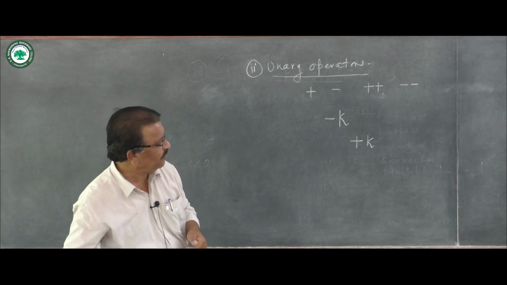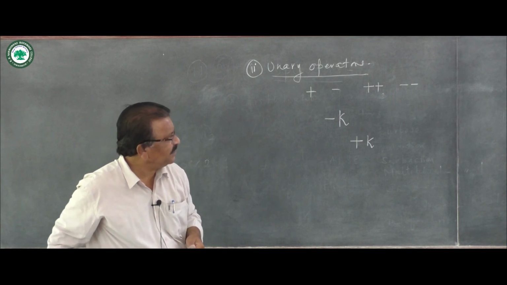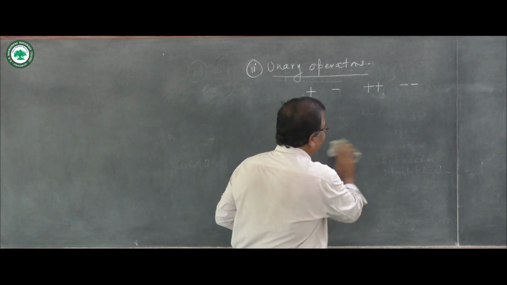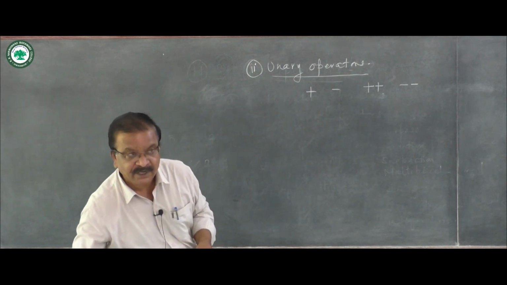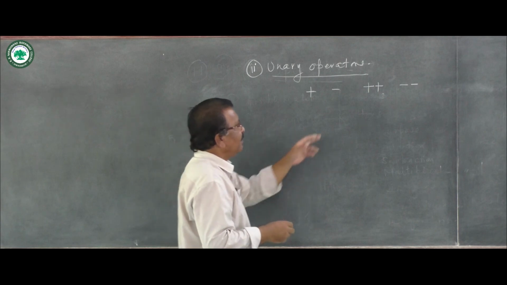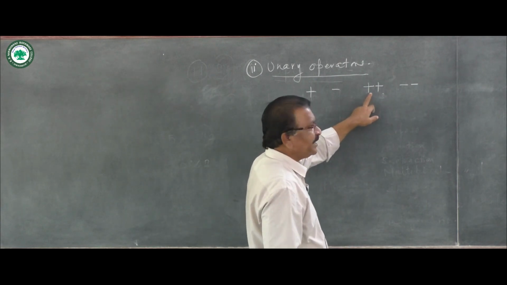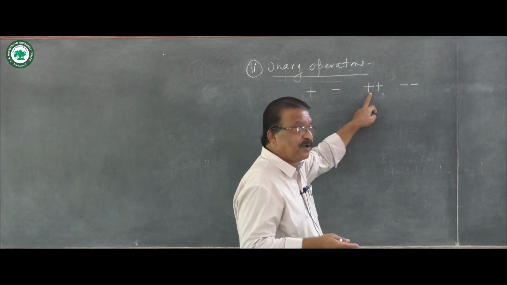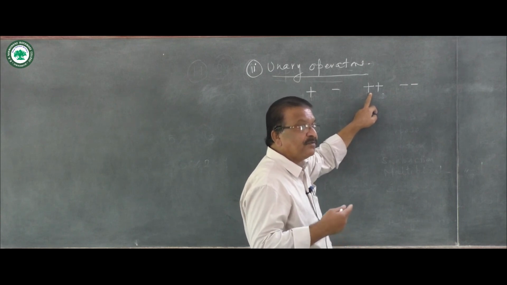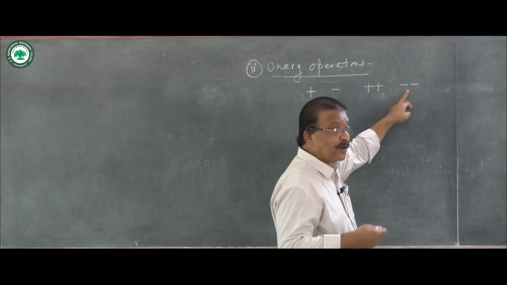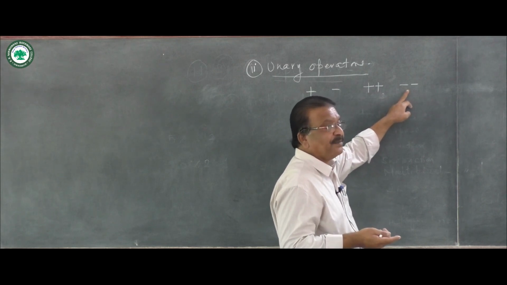Then the increment, plus plus, and decrement, minus minus, operators are very commonly used in C programming. The increment operator increases the value of an operand by unity, and the decrement operator decreases the value of an operand by unity.